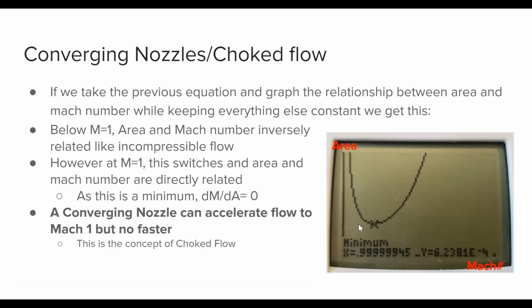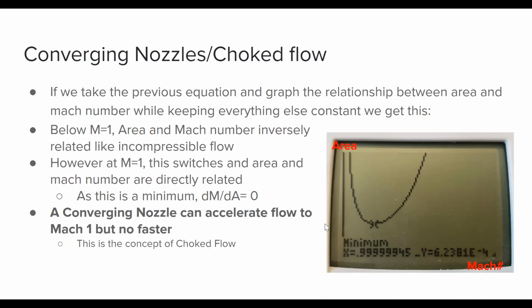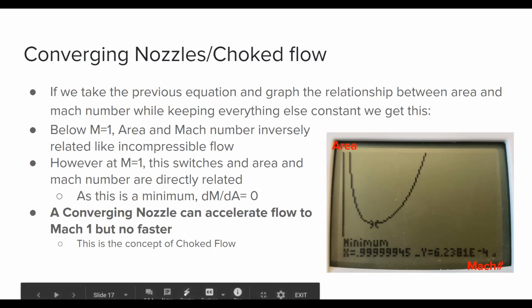at this minimum where Mach number equals 1, at the minimum of a parabola, it doesn't have a positive or negative slope. It's kind of just there. Derivative is 0, which means any further decrease in area isn't going to increase the Mach number anymore. And so that's the concept of choked flow.